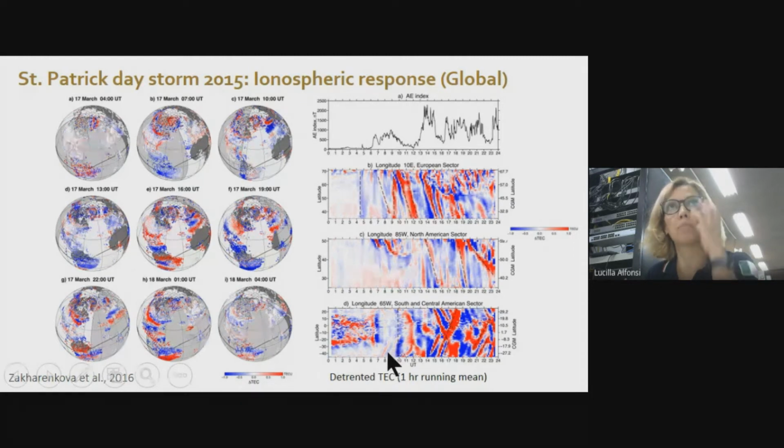Then there is almost a lack of the Equatorial Anomaly, and then an intensification and expansion, with the Equatorial Anomaly going towards southern middle latitudes. So it was a very intense response of the ionosphere to this storm. I forgot to tell you that this TEC is determined with respect to the TEC 1 hour running mean.